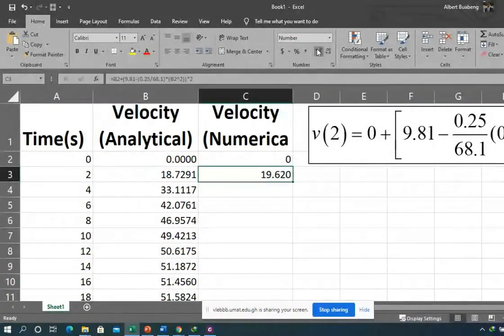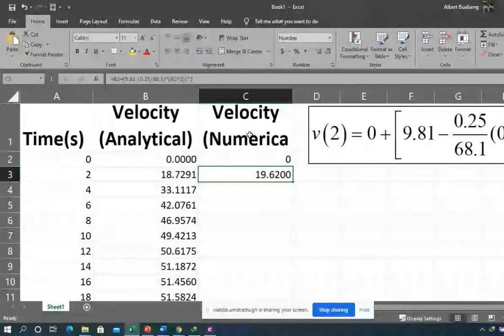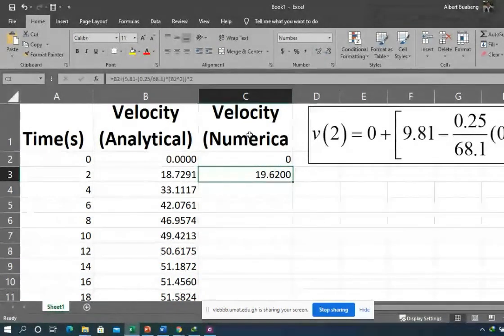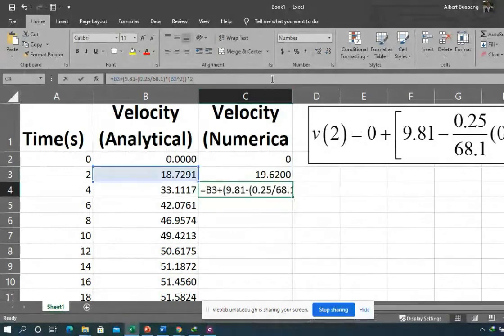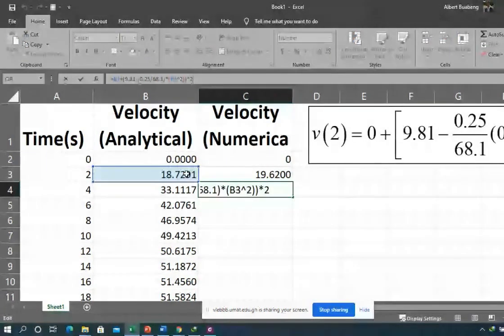One thing about Excel is that it has a way of adjusting itself dynamically to what you are interested in. So once we've been able to write out this program in a dynamic form, it's just going to adjust itself as we need it. If we drag for the next one, this is going to take the velocity from the immediate past value.